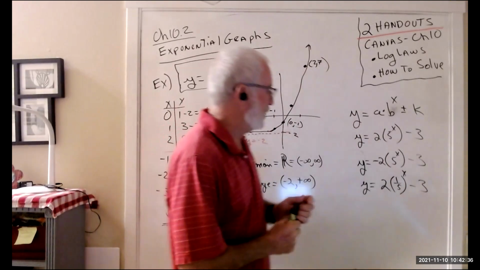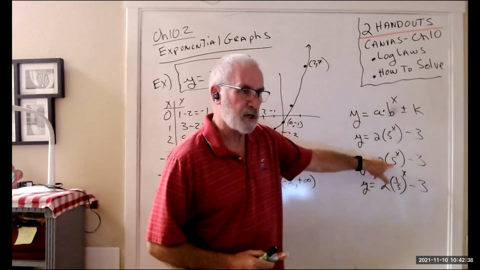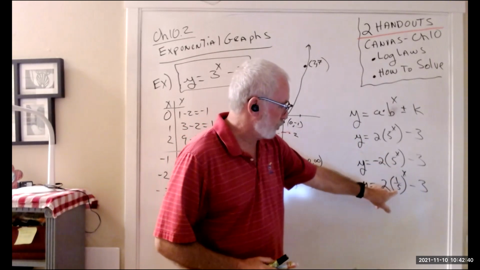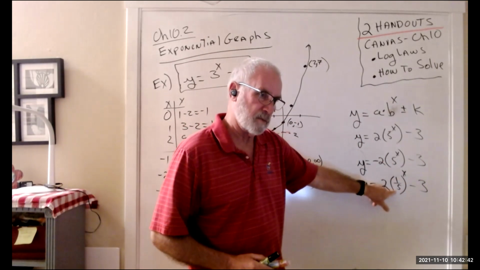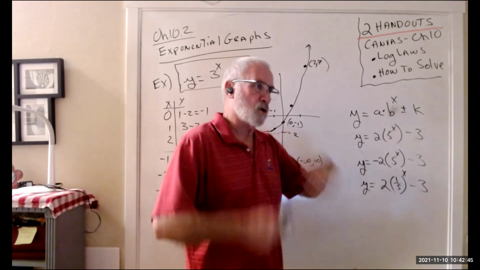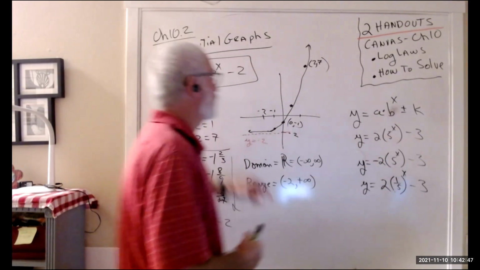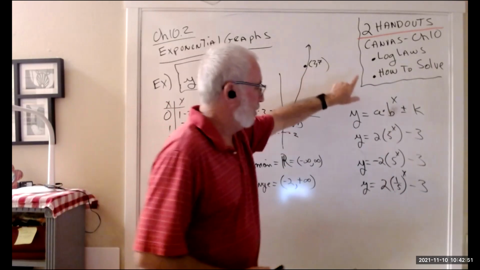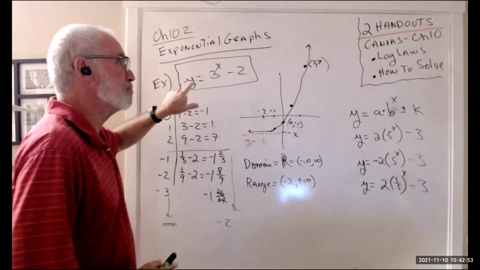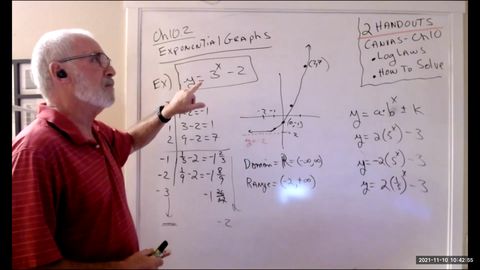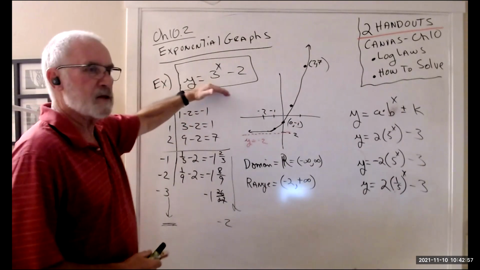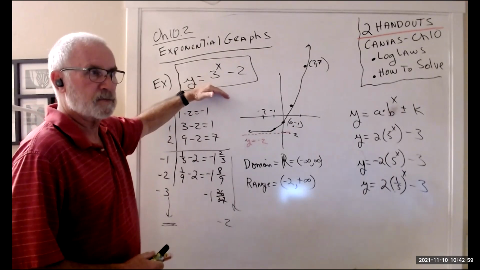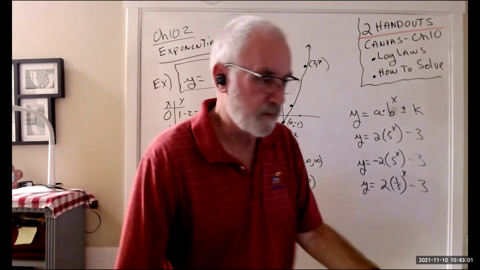So what happens if your base number isn't a nice, pretty whole number, but your base number is a fraction? So a lot of the questions in section 10.2 in MyMathLab are much more, I don't want to say difficult, but much more detailed than this question. So how are you going to do it? Well, here we go.